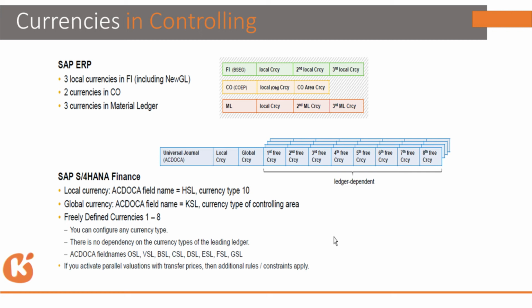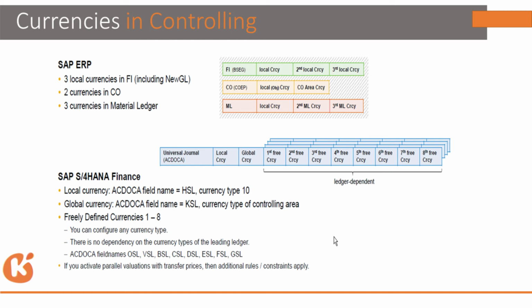Now, in S/4HANA, what happened? They have extended this. As you know, the ACDOCA is the universal journal. So we can have maximum 10 currencies. Earlier we had 3 currencies, now we have 10 currencies. First one is the local currency, second one is the global currency, and additional 8 freely defined currencies.